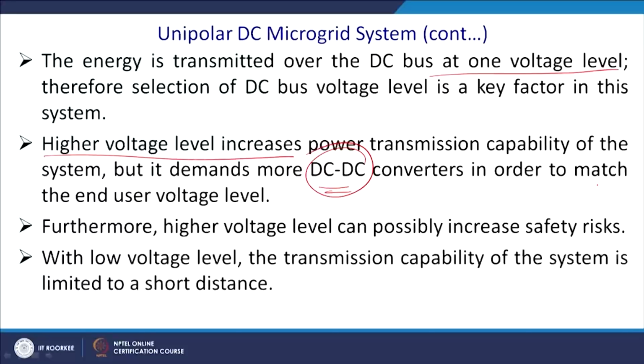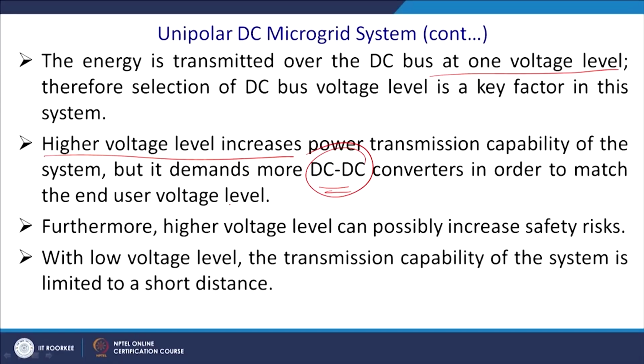It is a little complicated because switching is involved, and it is not a dumb device like a transformer that works on windings. So it has losses, it has its own operation, it is required to be actively controlled, and thus it associates with costs. For this reason we require to optimize the voltage level and the number of DC to DC converters in order to match the end user voltage level.